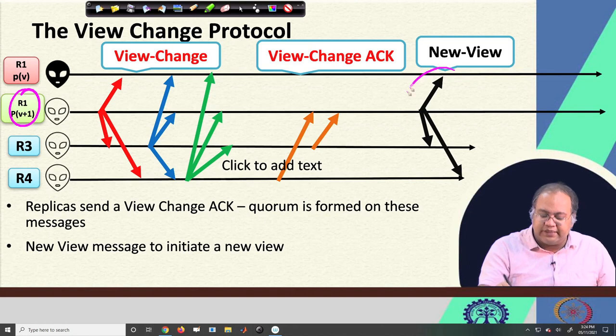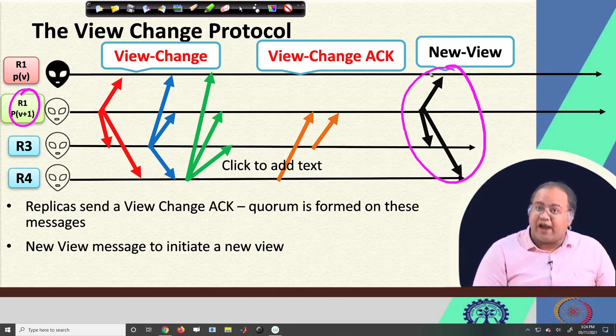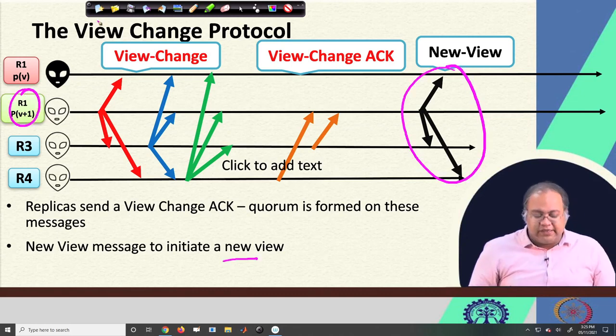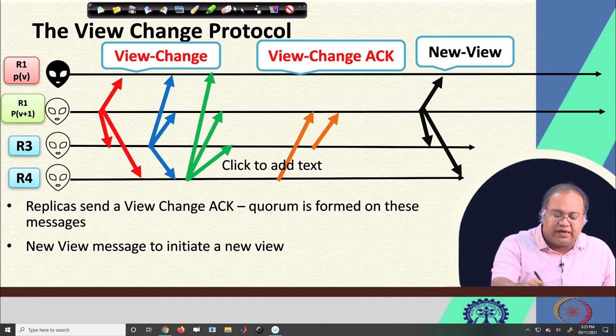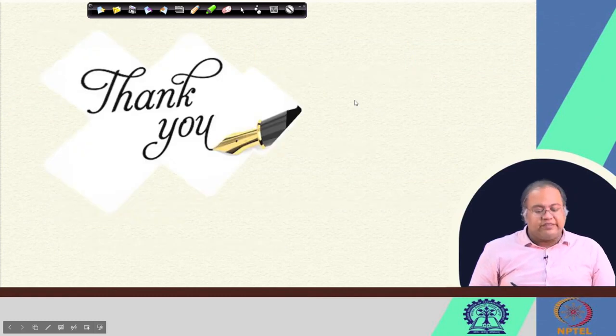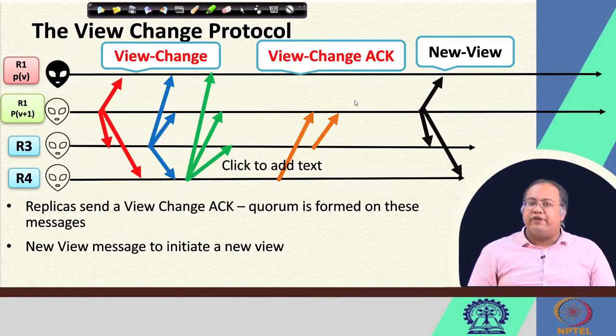This new view message is the final message broadcast from the newly elected primary to the other replicas, and it ensures that a new view is initiated in the system. So, this is the set of messages transferred from individual nodes to initiate a view change.